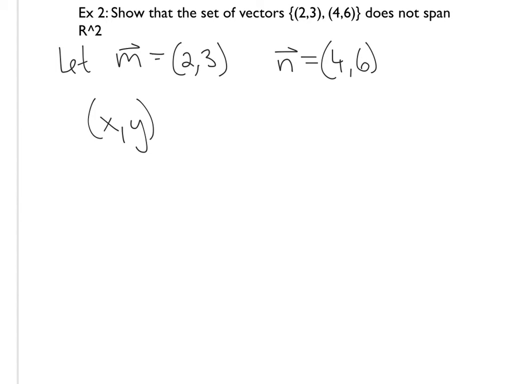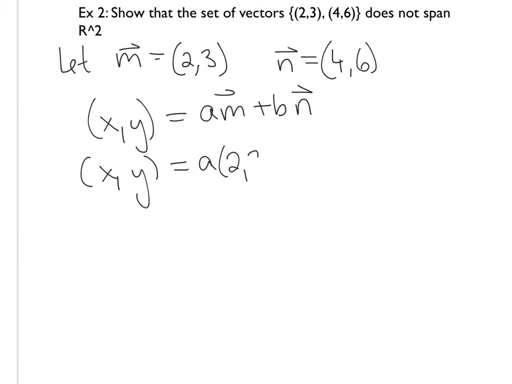So we're going to say xy is equal to am plus bn. And so xy would be, in this case, a times 2, 3 plus b times 4, 6. And actually, just to stay consistent, let's write this in matrix form as well.